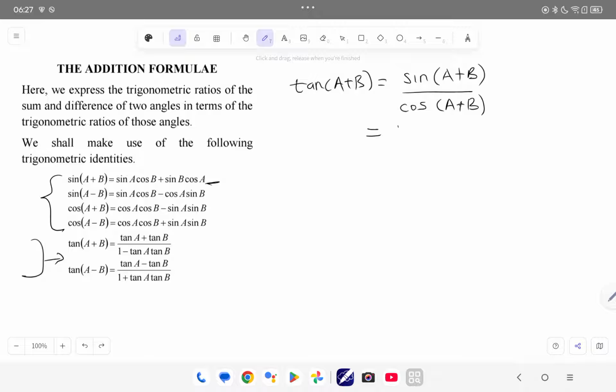We shall have sine A cos B plus sine B cos A. Then the denominator is cos A plus B, so we shall use this one.